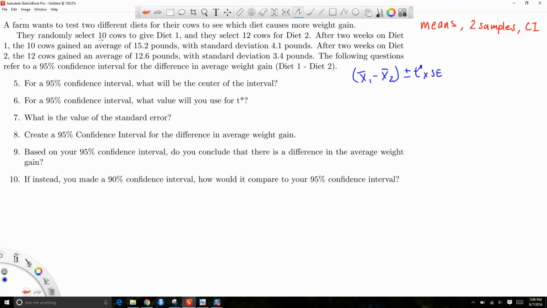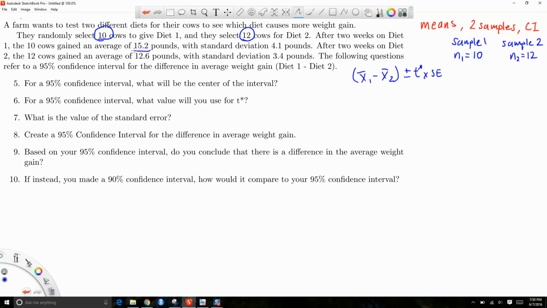It says 10 cows were given diet 1, so we've got sample 1 and sample 2. N1 is equal to 10, and it says 12 cows for diet 2, so N2 is 12.